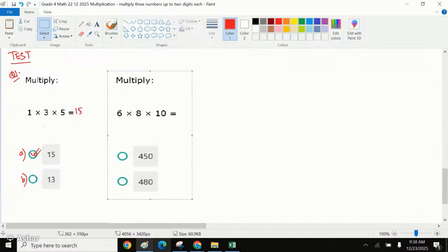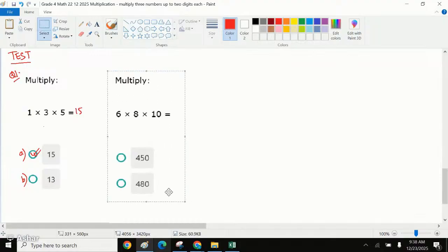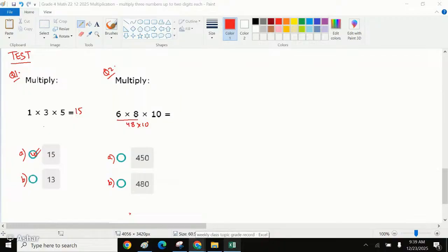The second question says, multiply 6 multiplied by 8 multiplied by 10. We know that this is 48 multiplied by 10. And we know the rule. Option A and option B. So what should be the answer? A or B?